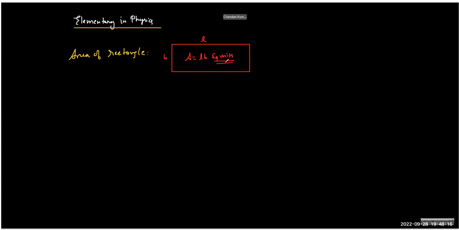So this is what we discussed in the very first lecture of integration, that the area is length into breadth. That is the whole idea. Area is only depending on two things, length and breadth. Any other area which you know cannot have a formula, but we have to derive it from the rectangle.